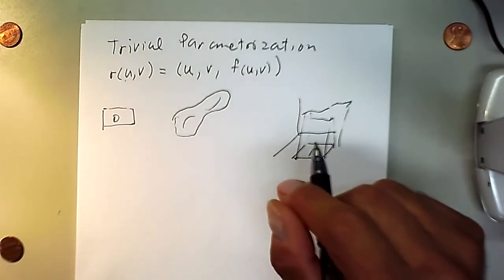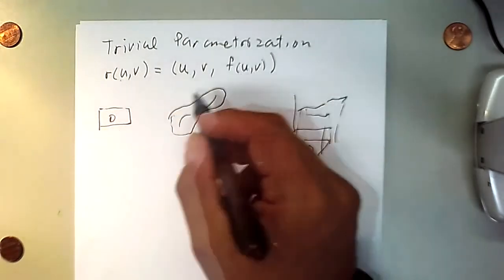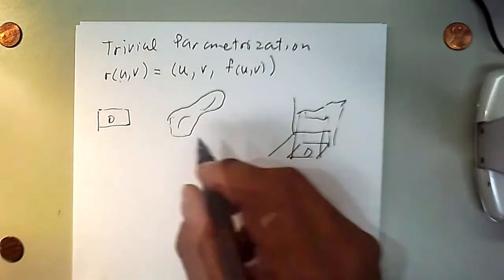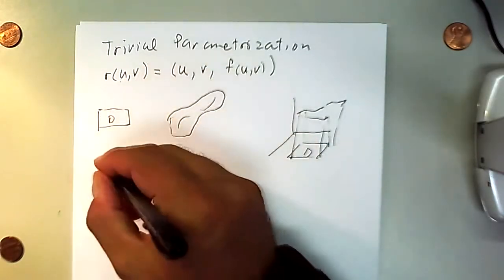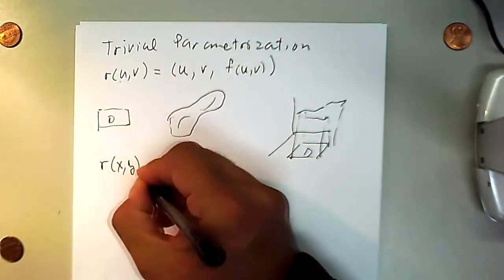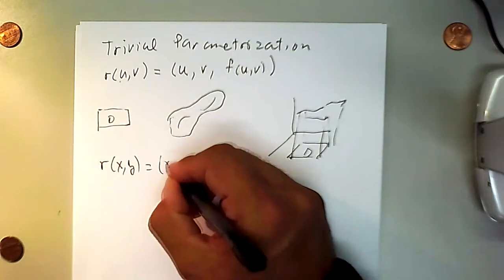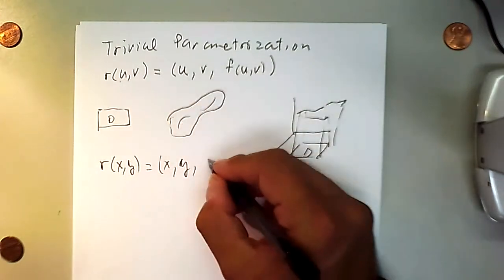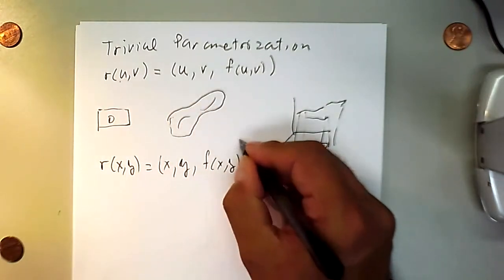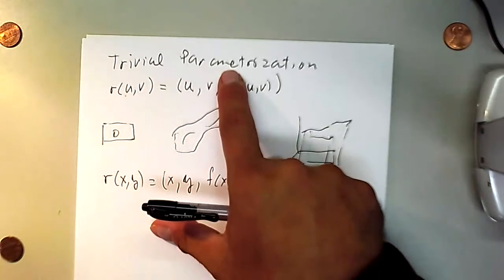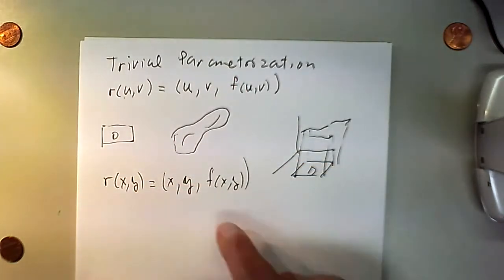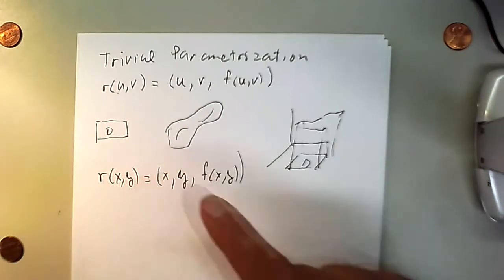Oftentimes, if we have a trivial parameterization, instead of using u and v, we simply use x and y, because those are the values we're using anyway on the first two components, f of x, y. So this is what we call trivial parameterization. If we're not changing anything, just keep it as x and y, then keep it.